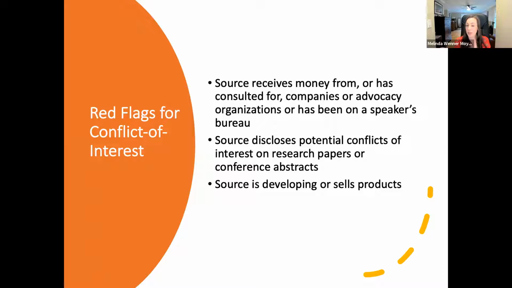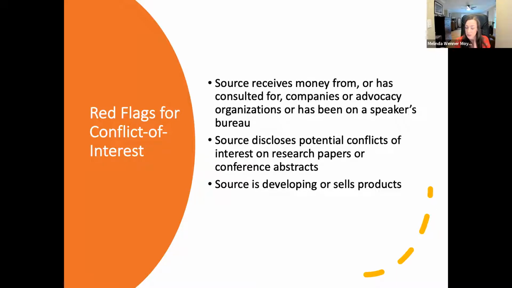Maybe the source gets money from, or has consulted for companies or advocacy organizations, or has been on a speakers bureau. Often you can learn this by asking them, but also sometimes they will disclose potential conflicts of interest on their research papers, often in the back, I believe, although maybe sometimes on the first page as well, or in conference abstracts.